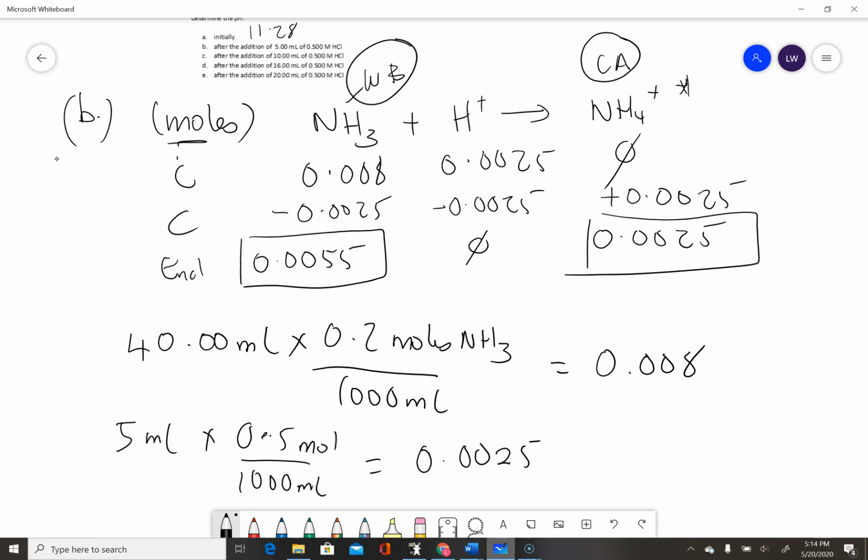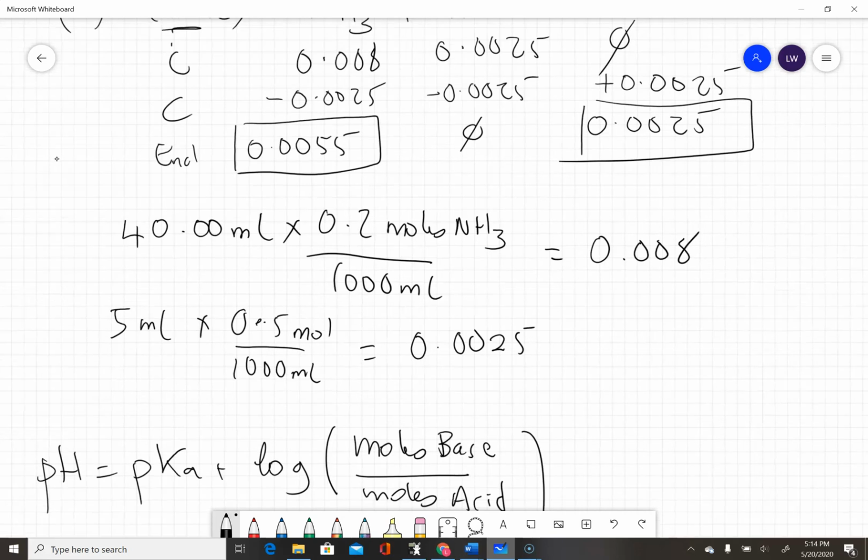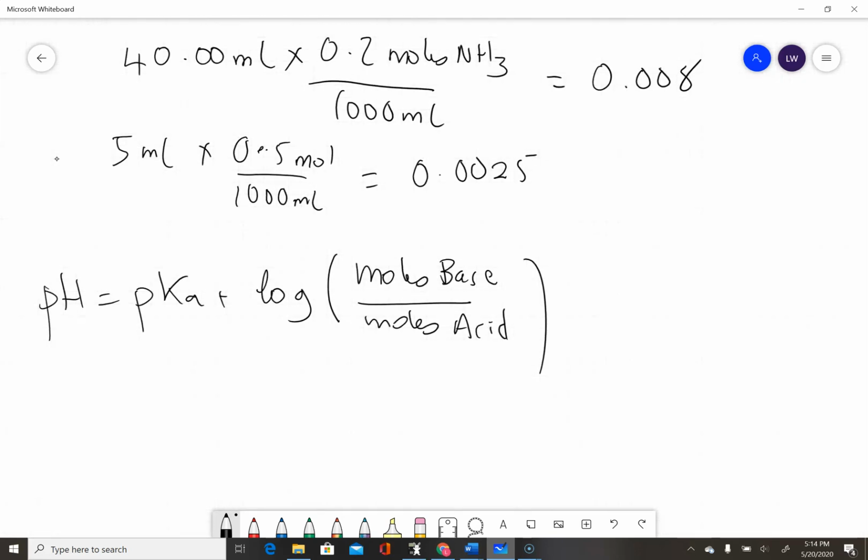Whenever that is the case, we're going to have to go via the Kb of the base, right? So our pKa is equal to the negative log of our Ka, and we have to recall that Ka is equal to Kw over Kb when we can't get the Ka directly from tables.